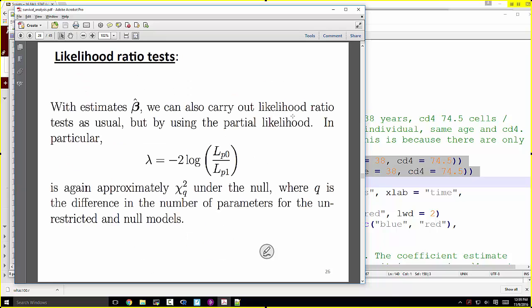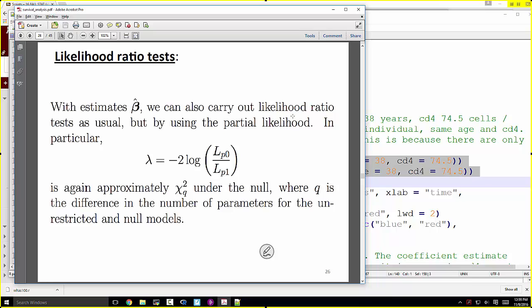Because we are working with a likelihood-like quantity in estimating the models, this partial likelihood, there are results like likelihood ratio tests that we can use here.